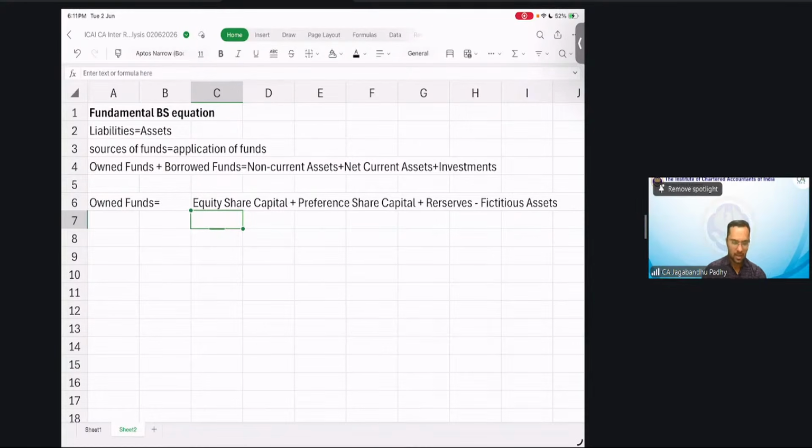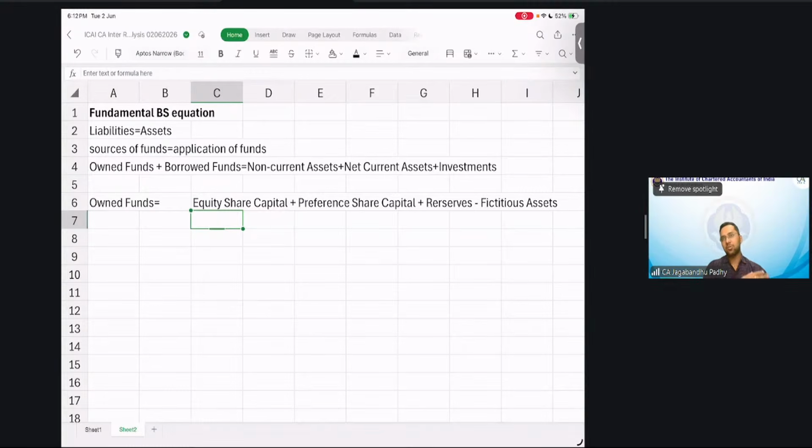Getting it? So any sort of asset that we have on the asset side of the balance sheet, but which is not actually an asset. I mean, you can't sell it and get some value for that. For example, preliminary expense not written off, or negative P&L balance, negative profit and loss account balance.